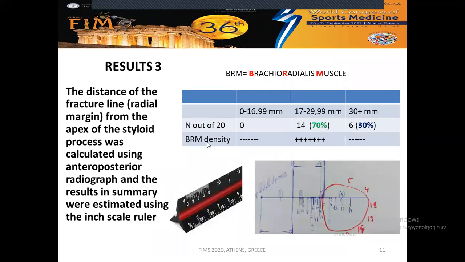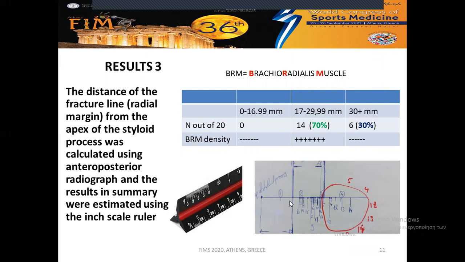As you can see, in summary, 70%, that means 14 out of 20 patients that we examined, had a fracture line in the area between 17 and 29 millimeters away from the styloid process of the radius. And I tried to draw all those results using an inch scale ruler.